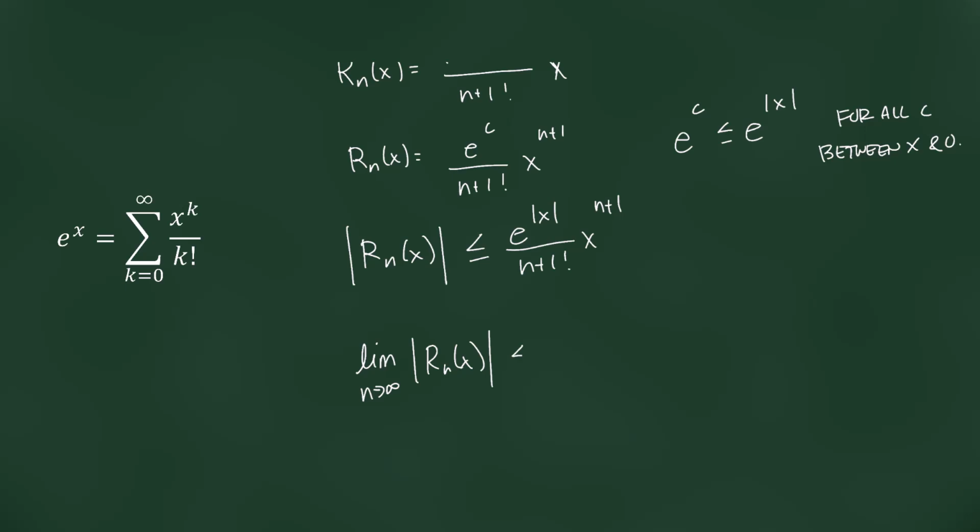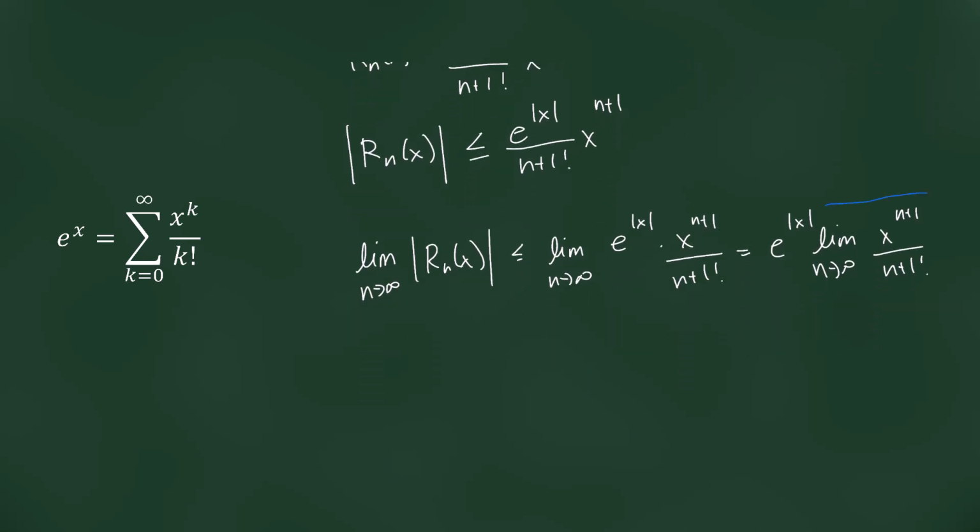And so that's going to be less than or equal to the limit as n goes to infinity of e to the absolute value of x times x to the n plus 1 over n plus 1 factorial. Since the first part of that has no n's in it, we can pull it out to the front. We get e to the absolute value of x times the limit as n goes to infinity of x to the n plus 1 over n plus 1 factorial.